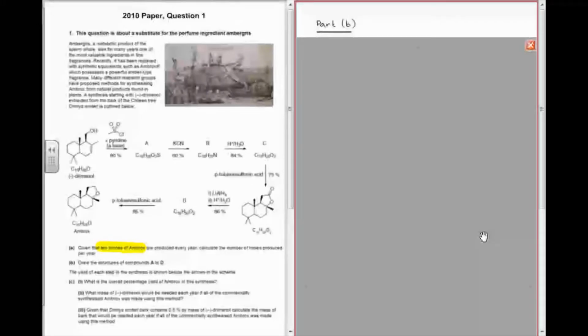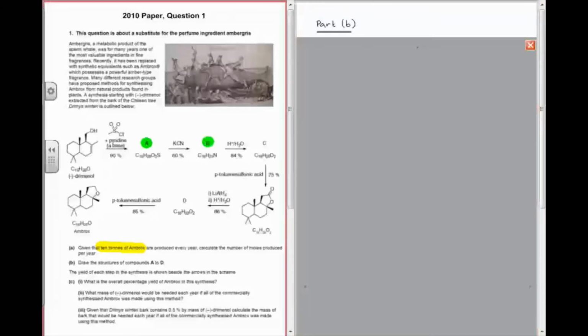In part B of the question, you are asked to look at the synthetic scheme for the conversion of driminol into the ambrox and give the structures of the intermediates A, B, C, and D. Much of the chemistry involved in synthetic schemes such as these may be new to you, but in many cases it is simply a matter of looking at the functional groups in the molecules and applying chemistry that you do know to slightly different situations.